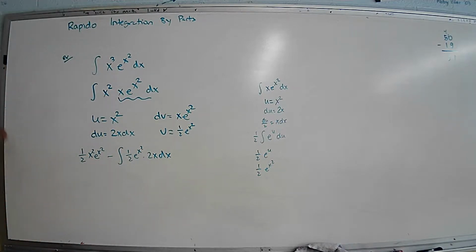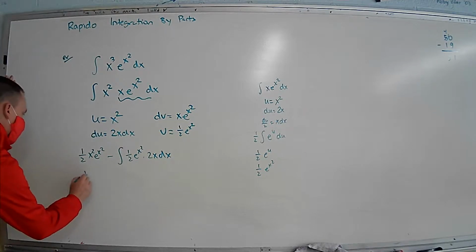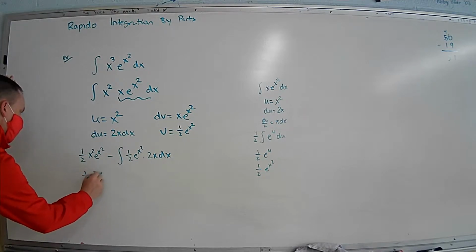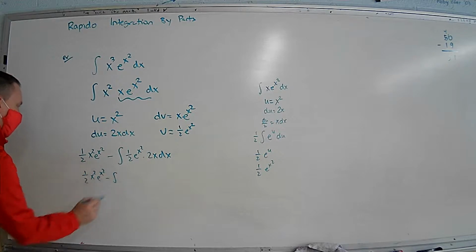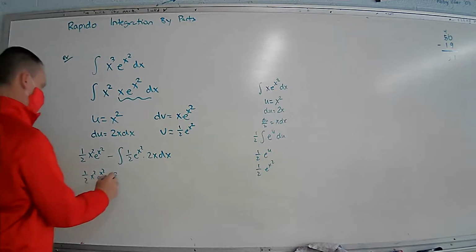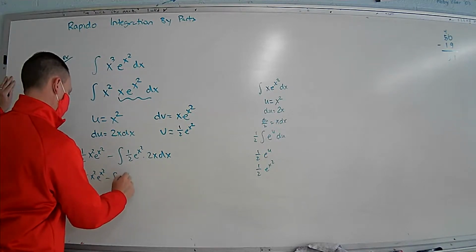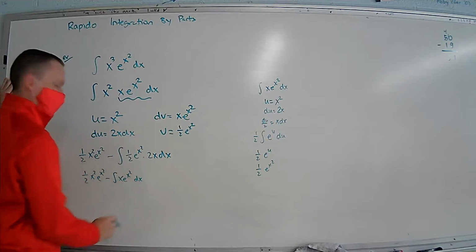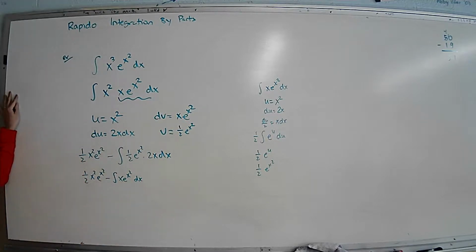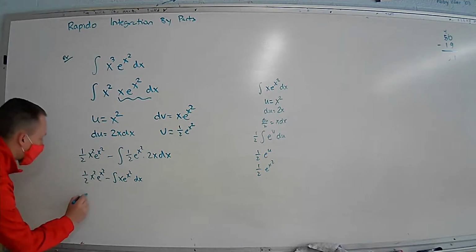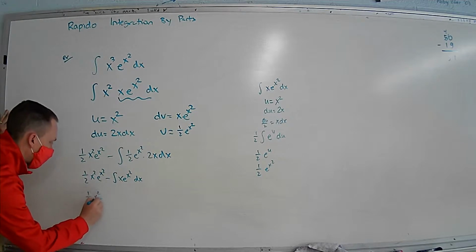Can that simplify before I do anything calculus-wise? Doesn't that just simplify to x e to the x squared? Oh, wait. Didn't we just do that one? We just found that antiderivative 5 seconds ago. What is it? 1/2 e to the x squared.